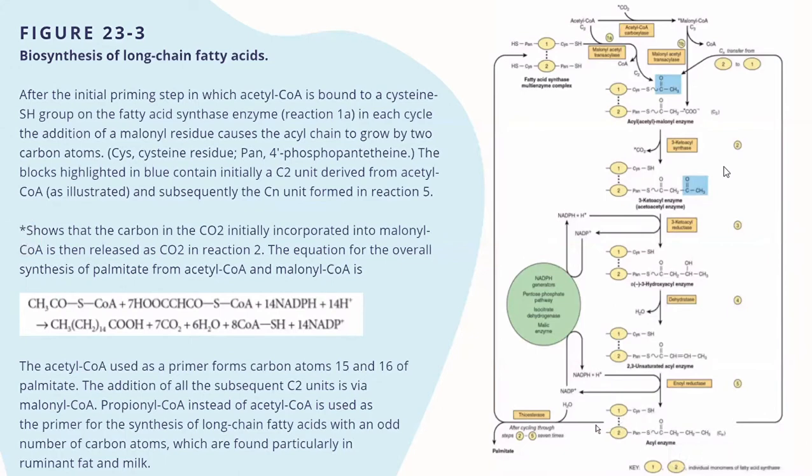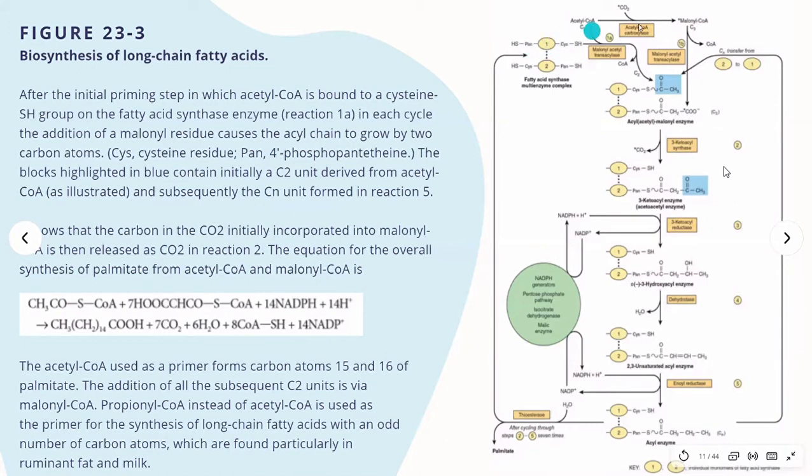here, this enzyme will now remove the fatty acid, this fatty acid here, the growing fatty acid, and release it as palmitic acid. And then the enzyme complex goes back empty-handed.